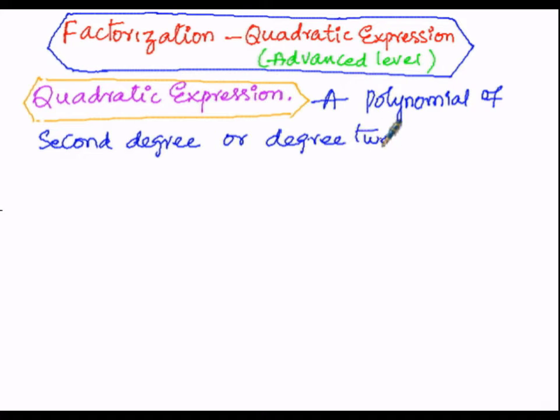In other words, the exponent of the variable present in that polynomial must be 2, then only such a polynomial will be called a quadratic expression.